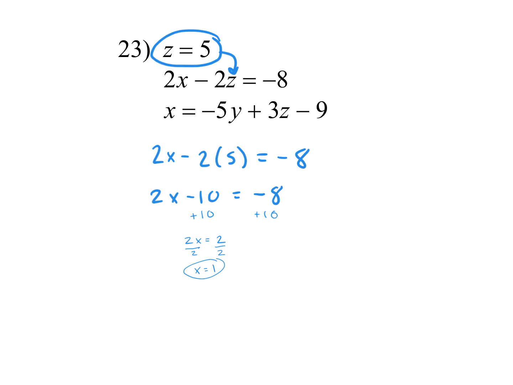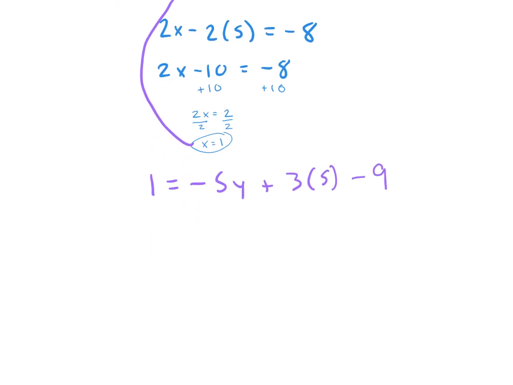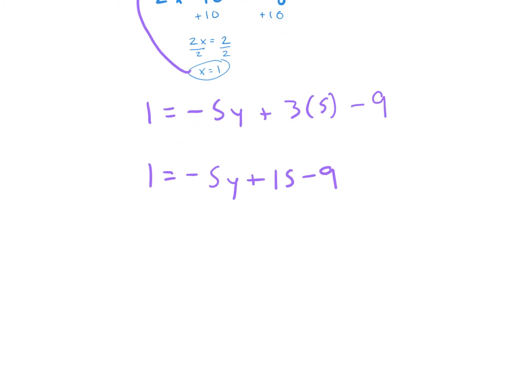Plug them in. So I'm going to plug z into z and plug x into x. So I have 1 is equal to negative 5y plus 3 times 5 minus 9. What's 3 times 5? 15 minus 9. What should I do next? Combine like terms.